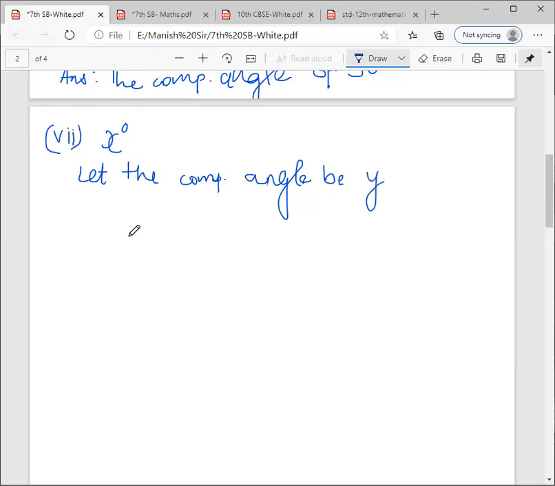Very simple. Therefore, x degree plus y degree, that summation becomes equal to 90 degree, and we write in front of that, complementary angle.